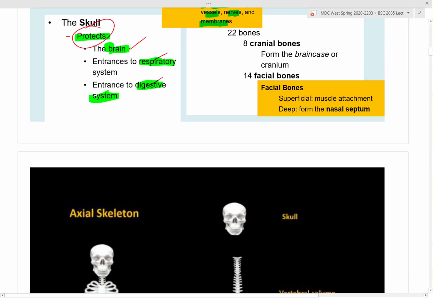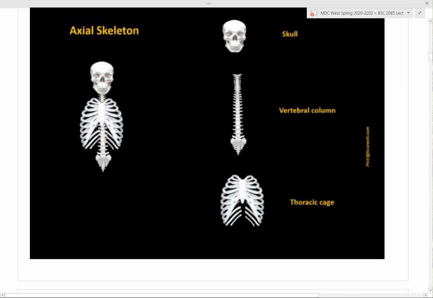And again, you guys are experiencing this the harsh way, especially you, which is the facial bones are actually superficial, of course, and then you have muscles attached to those facial bones, right? Again, don't worry about it. You're not going to talk about muscles in this one.